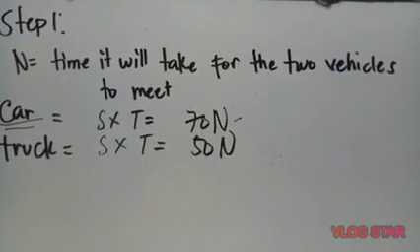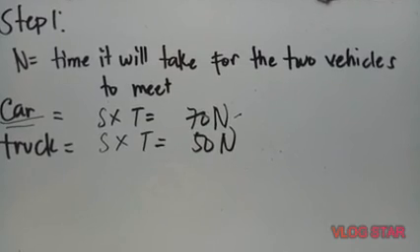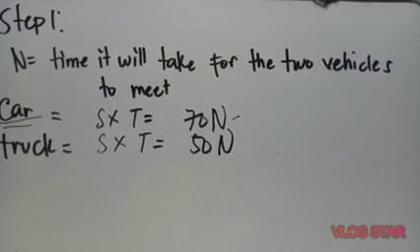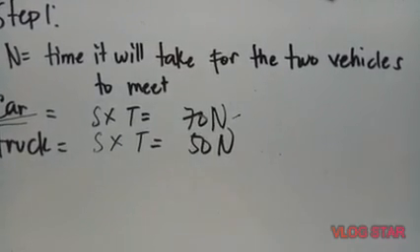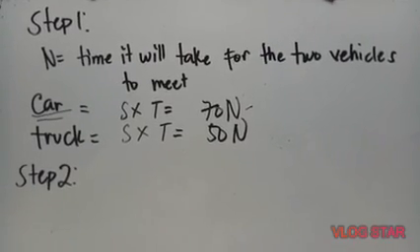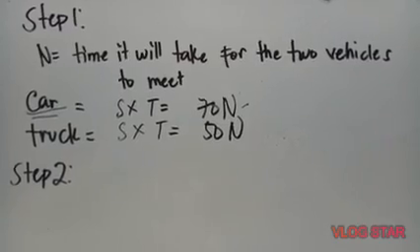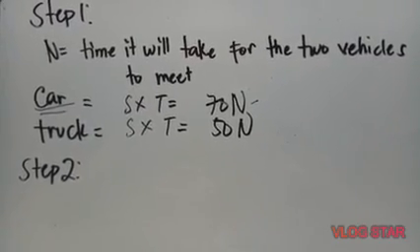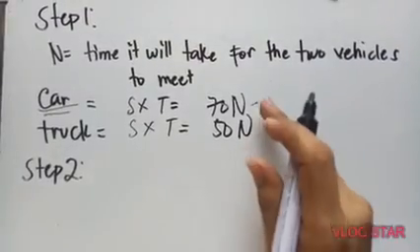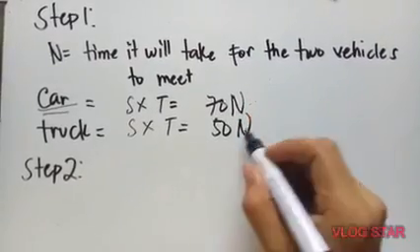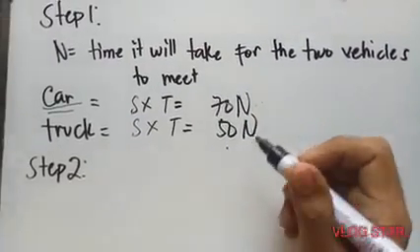Then since they will meet, since the distance of town A from town B is 240 km, we can write this into an algebraic expression.